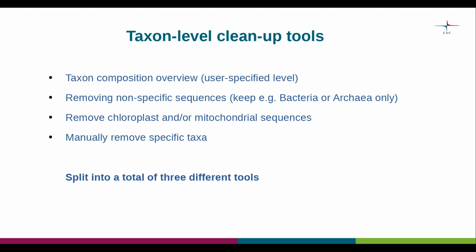It might be surprising, but many microbial community datasets also include chloroplast and mitochondrial sequences, and it is possible to remove these if they are not of interest. If, when using the taxon composition overview tool, you discover some particular taxon that you'd like to remove, that is possible by manually entering the name of the taxon you want to exclude. And overall, these functionalities in Chipster are divided into a set of 3 different tools.